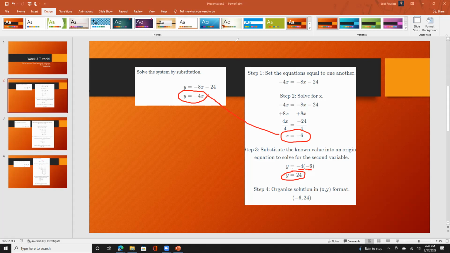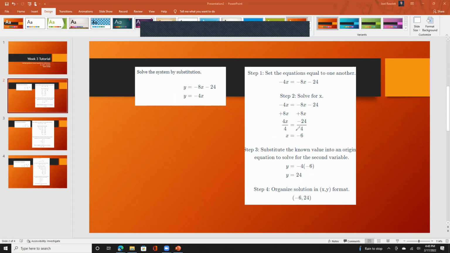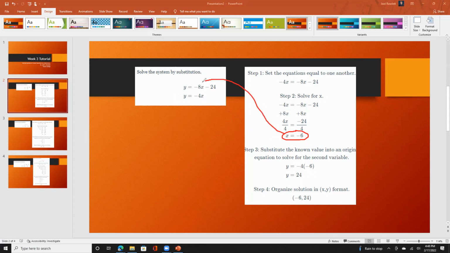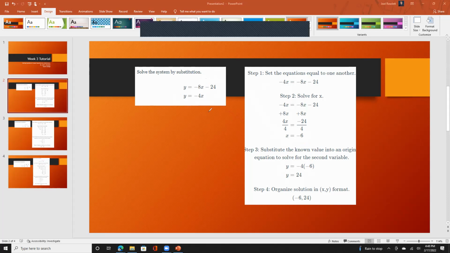We could have also plugged the negative 6 for x into the other equation, and we would have gotten the same thing for y, positive 24 again. I would say always choose to substitute back into the simplest one, which is what they did here.